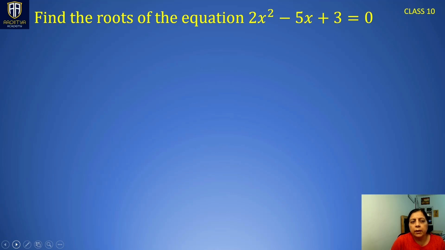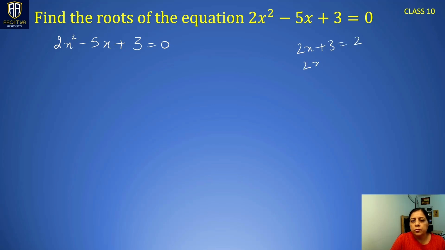Next, we can practice a question. Find the roots of the equation 2x square minus 5x plus 3 is equal to 0. Now to find the roots of a quadratic equation, see, in linear equations what we had to do is like 2x plus 3 is equal to 2.